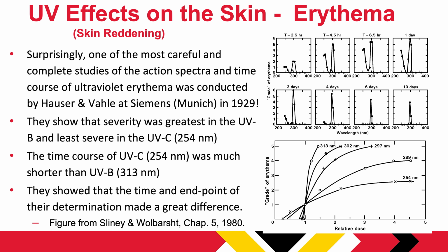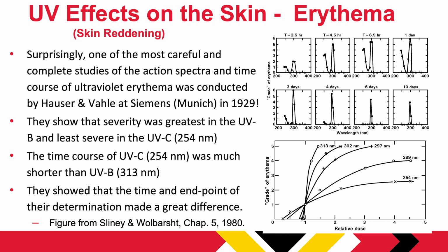Now, the bottom panel shows you the relative grade severity of the erythema as a function of wavelengths. And as you see there, 313 nanometers, which is the longer wavelengths, most penetrating wavelengths of UVB, cause the most severity just barely above the threshold.